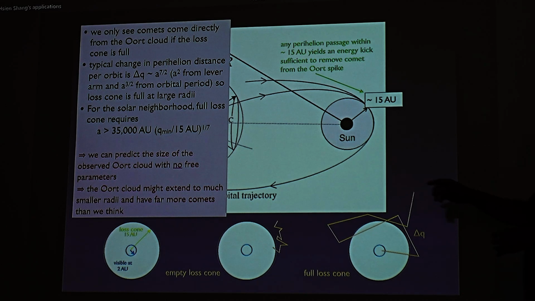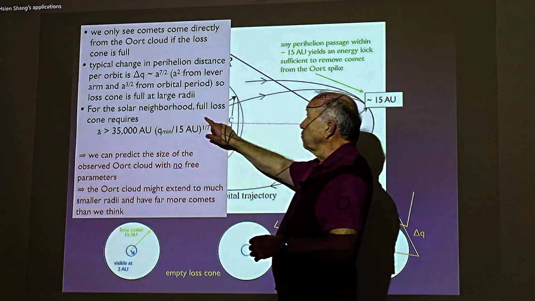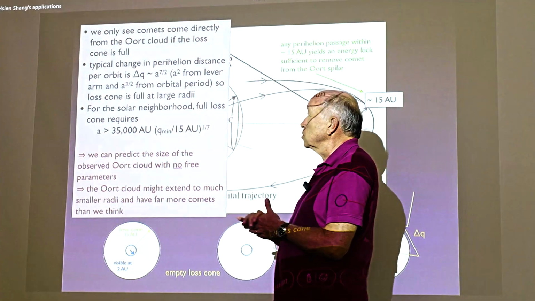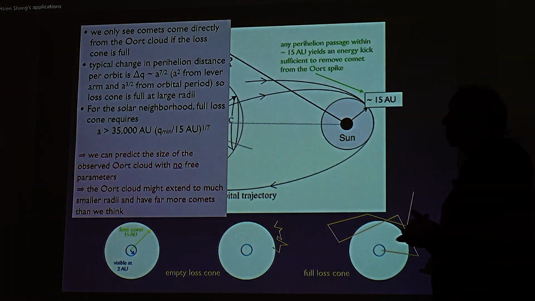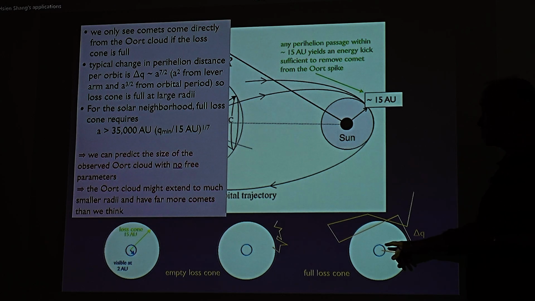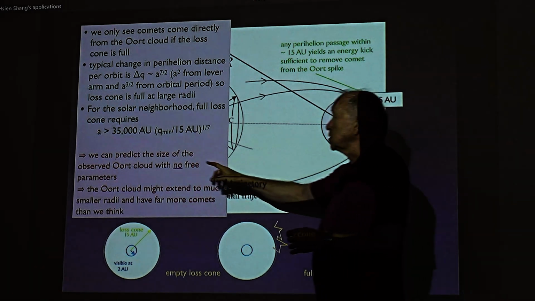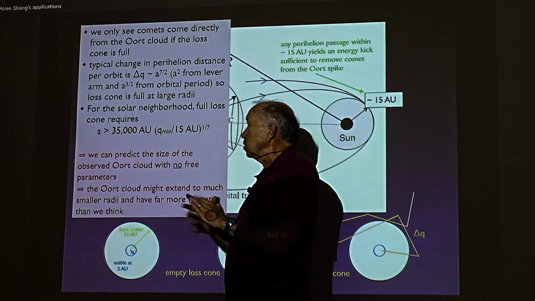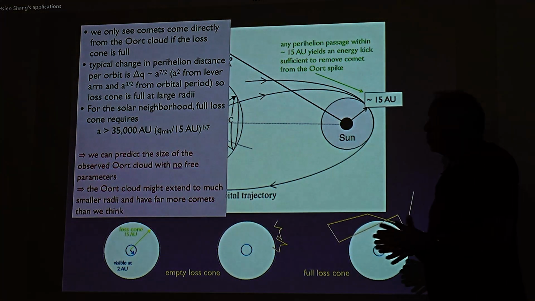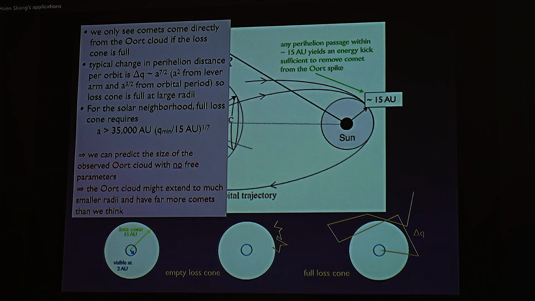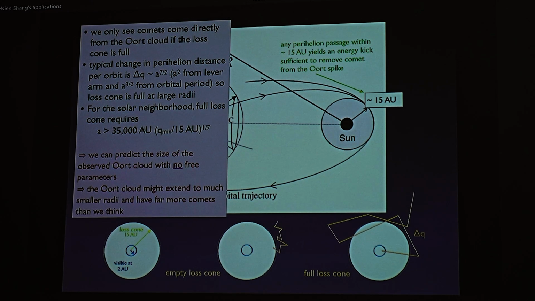And so you can work out analytically that given the conditions in the solar neighborhood, the condition that the lost cone is full requires a semi-major axis that's bigger than about 35,000 astronomical units. That's, of course, exactly the size that you see for the Oort cloud, which says that we've successfully predicted the size of the Oort cloud with no free parameters.